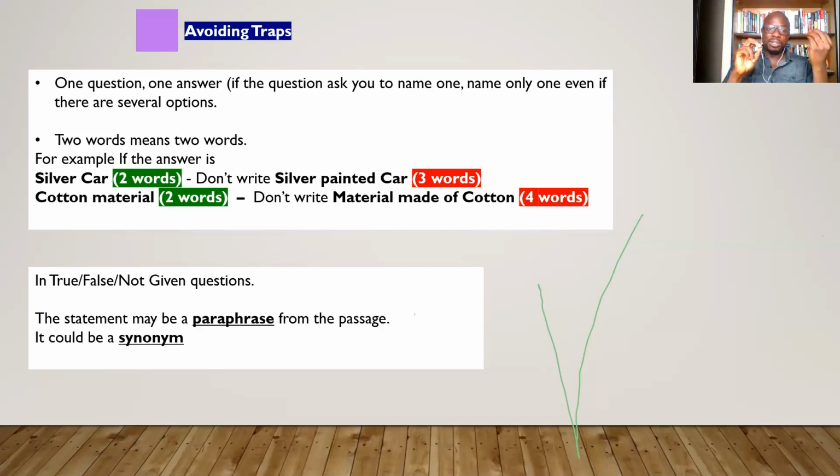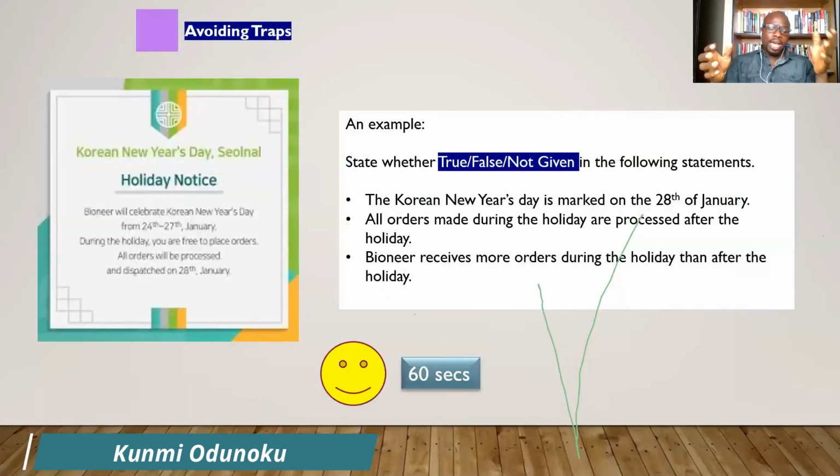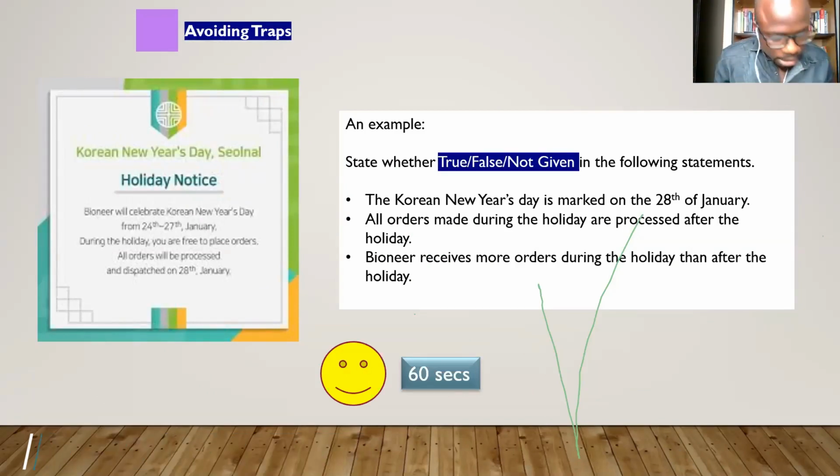Sometimes they will use a synonym to describe a statement that is in the text. So watch out for all these things, because those are the traps that you get when you are writing the exam.